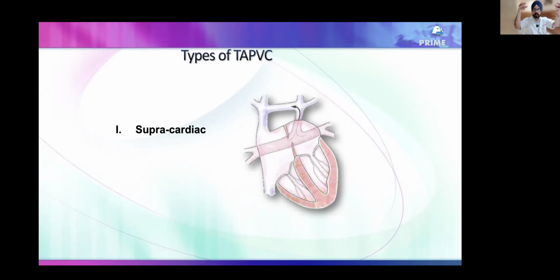So all pulmonary veins open into the common chamber, then it enters into the left atrium, and the left atrium eats away the walls of the connection between the common chamber and itself, so that the pulmonary veins, rather than opening into the common chamber, now separately open into the left atrium.